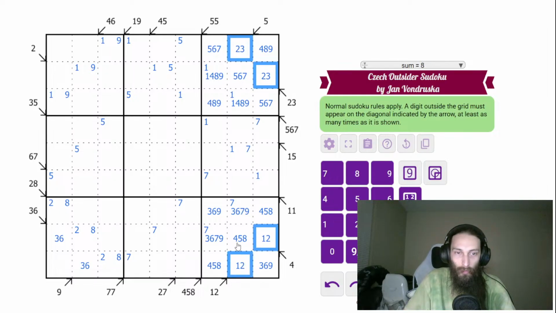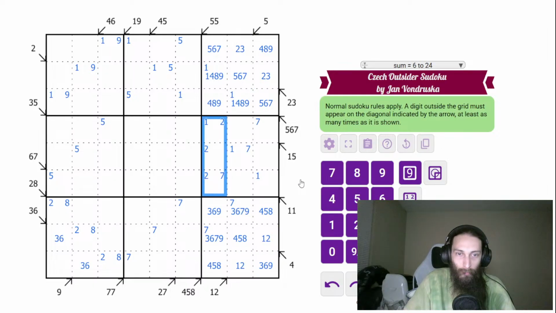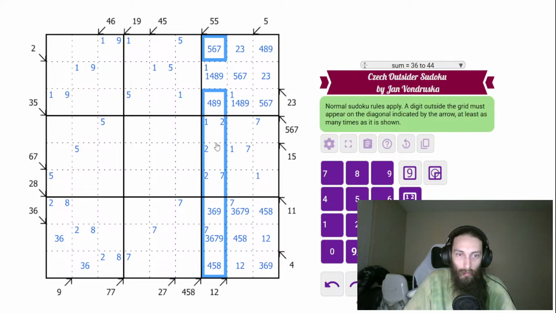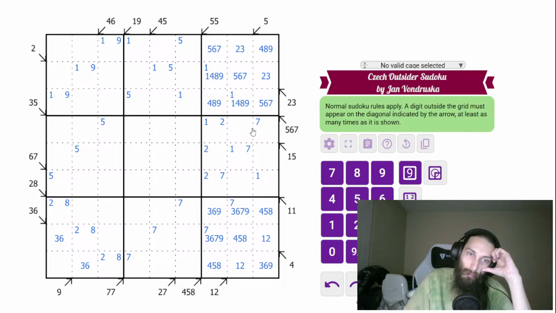Well, the 2s here line up to give us a 2 here. One, 2, 3, 4, 5, 6, 7, 8, 9. Nothing's missing from column 7.